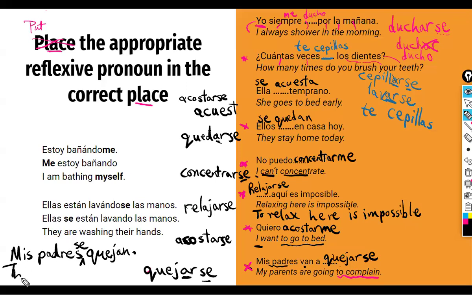They are complaining right now. It's just one action word in the sentence, one verb. So if we make it match the subject, we conjugate it. But over here in the example you had before, it's two verbs together, right? They are going to, van, and then quejarse, right? To complain. It stays in the infinitive.